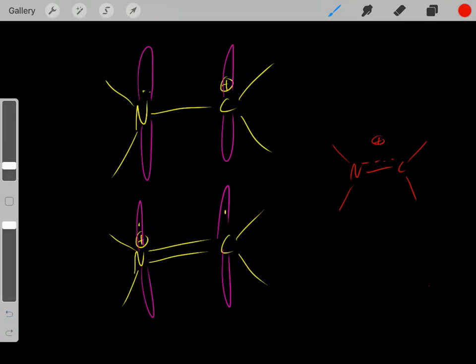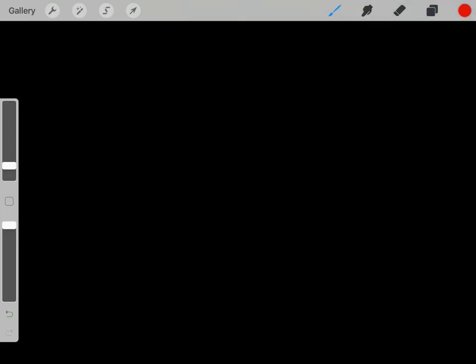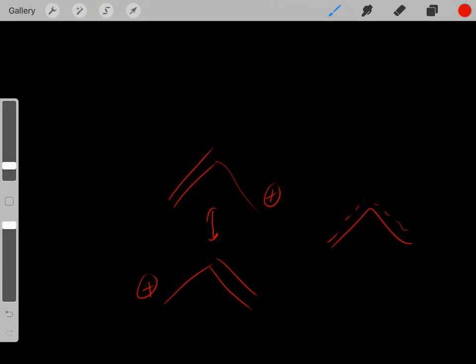So again, these are a couple examples of some resonance structures. Remember, the key point is the main reason why we do resonance is to delocalize charge. Whenever we have charge, maybe now we have this positive charge, we want to go through resonance, creating this structure, because we can delocalize that positive charge, creating this hybrid structure.